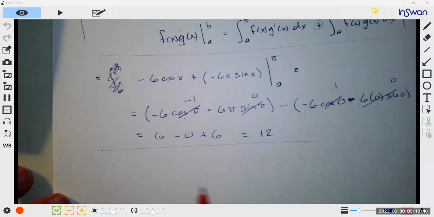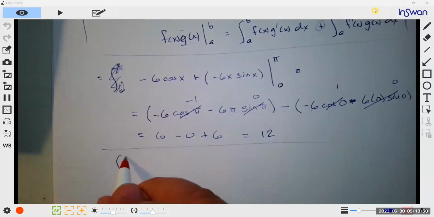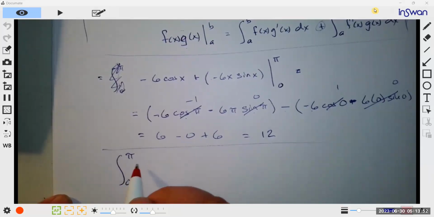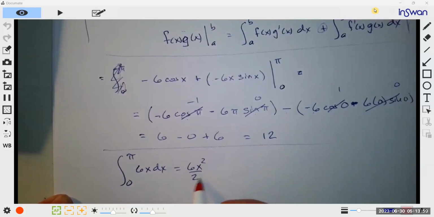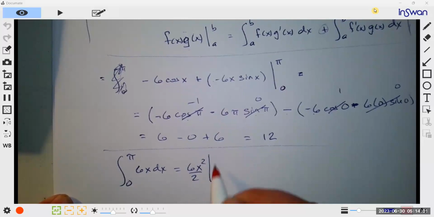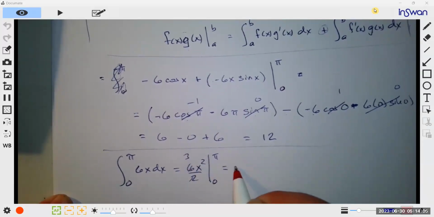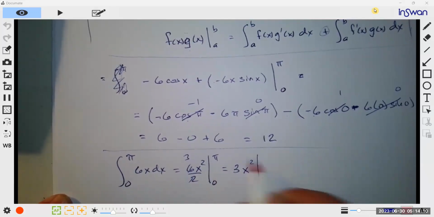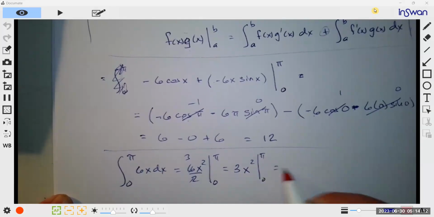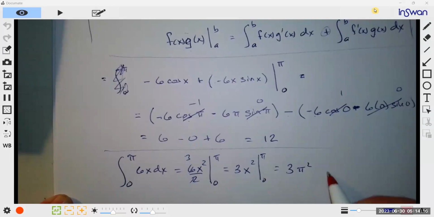The integral from 0 to pi of 6x dx becomes 6x squared over 2, which is 3x squared from 0 to pi. 3 pi squared minus 0.